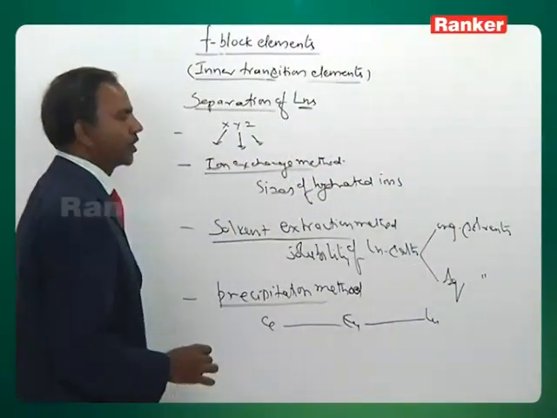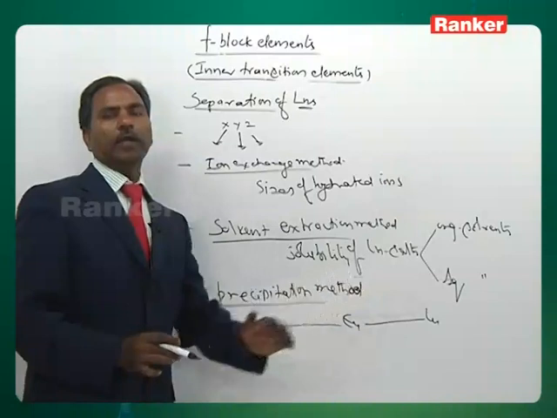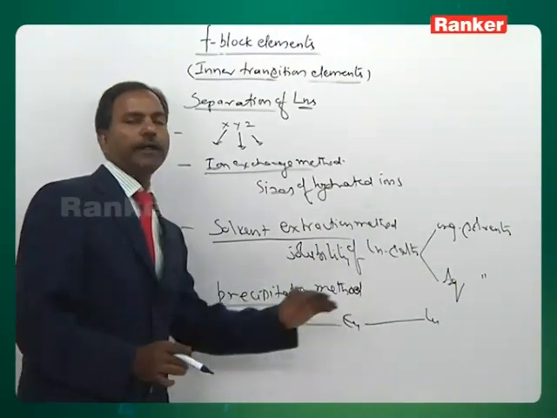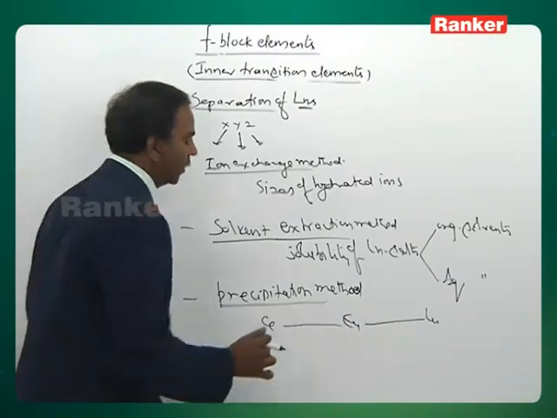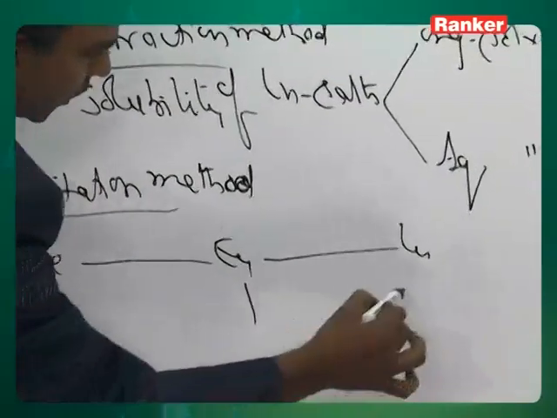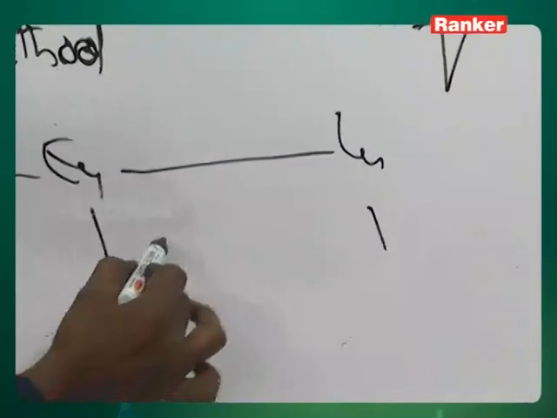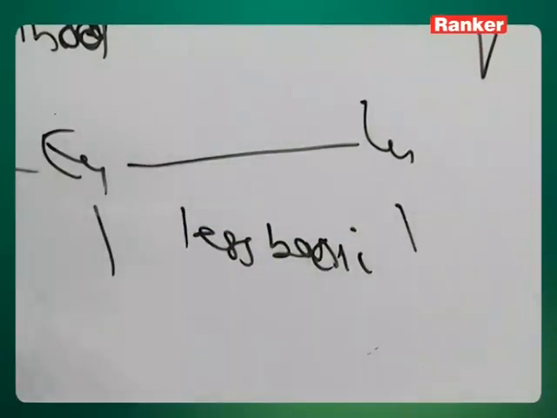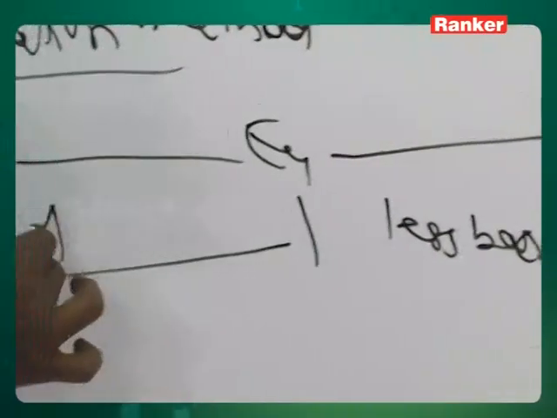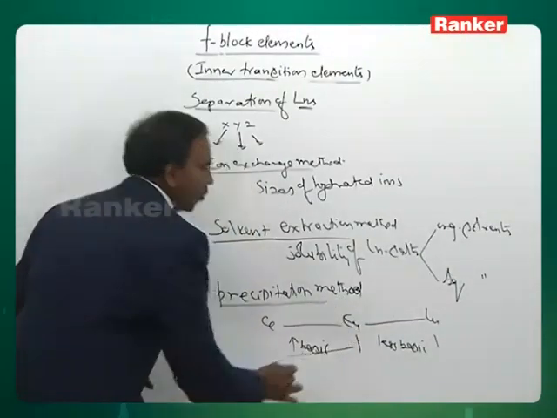From cerium to lutetium, the basicity of the hydroxides and oxides gradually decreases. The right side, the second half of the lanthanides, are less basic, and the left side, the first half, are more basic.